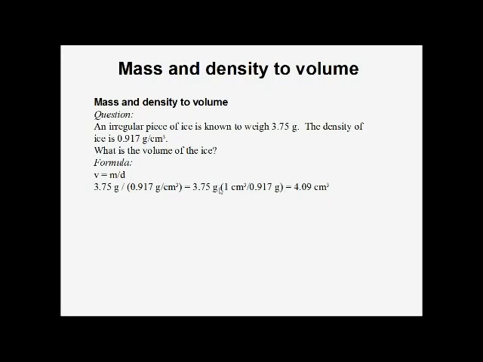The inverse is 1 over the 0.917. So it's 0.917 grams per cubic centimeter. That means it's 0.917 grams per 1 cubic centimeter. So the inverse would be the 1 cubic centimeter on top over the 0.917 grams. This way it makes it a little bit easier to see that we got grams divided by grams, leaving us with cubic centimeters as the unit of the answer.